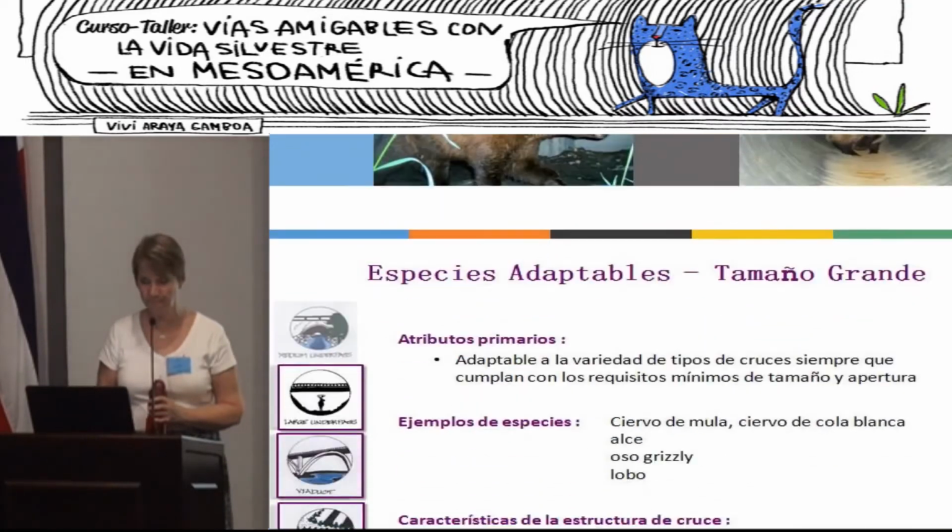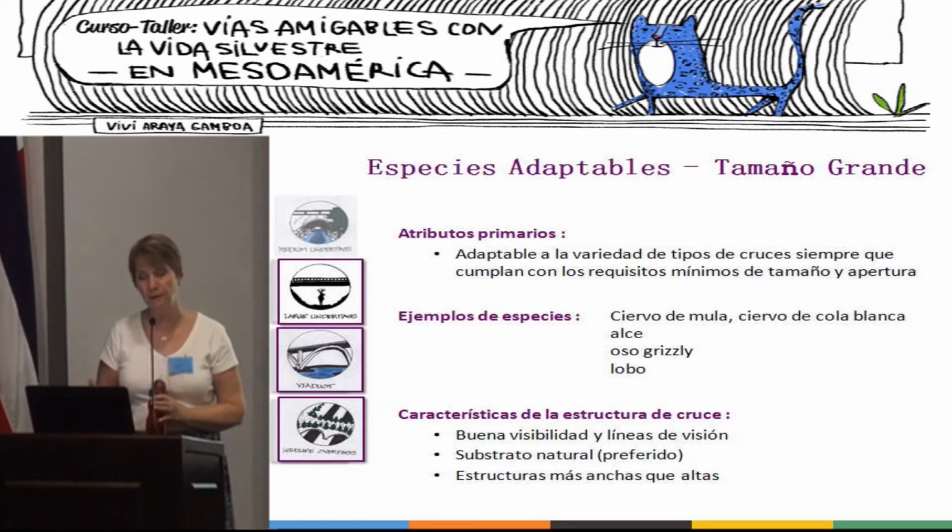And then you have the other group of adaptable species, which are just slightly less adaptable, but that's mainly because they have larger body sizes and they aren't going to fit in some of the smaller structures. So in this case, we've got deer, which are fortunately very adaptable, and a lot of other species.